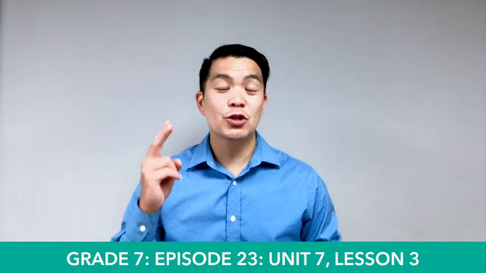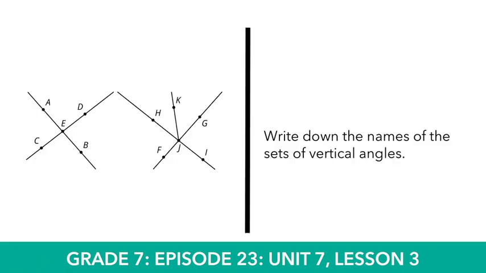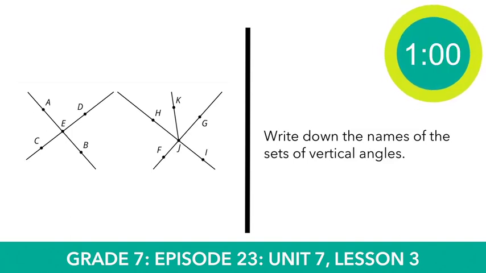Let's try one more example. I'm going to post two diagrams. Your job is to find as many pairs of vertical angles as you can find in each diagram. Let's take some time to find the vertical angles. You don't need to redraw the diagrams, but try to write down the names of the sets of vertical angles if you can.